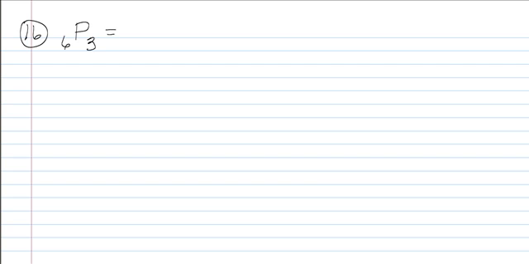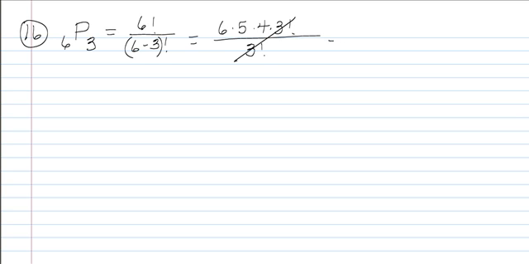So we want 6 factorial over 6 minus 3 factorial, which is 6 times 5 times 4 times 3 factorial over 3 factorial, and that gives us 120 ways for our first, second, and third prize to be awarded.